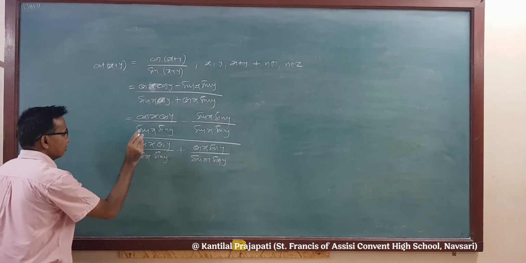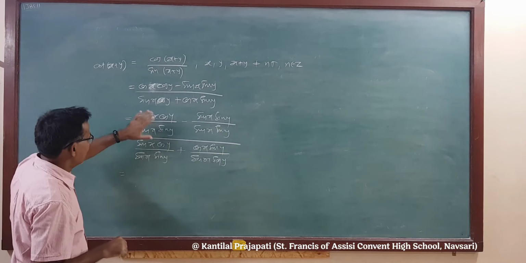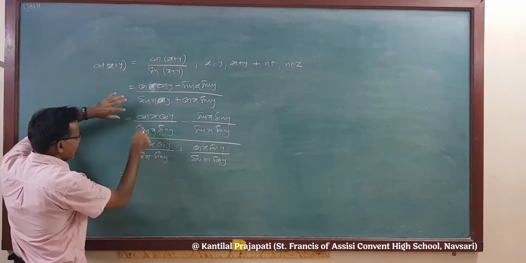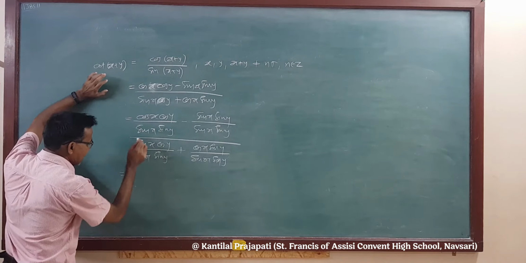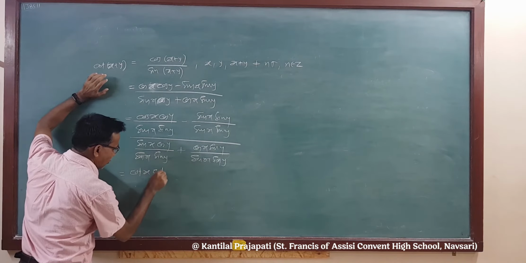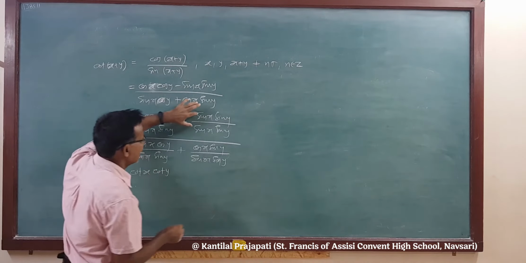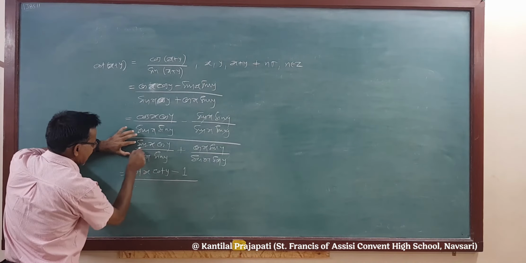So see here, what is cancelled? Sin x sin y, no, nothing cancels here. Cos upon sin: cos x upon sin x, cos y upon sin y. That is, cos upon sin is cot. So you get cot x into cot y. So here this sin x cancels, sin y is cancelled. You get minus 1 divided by. Here this sin x is cancelled.